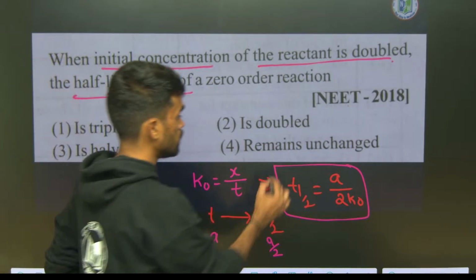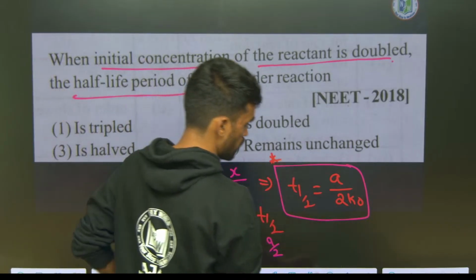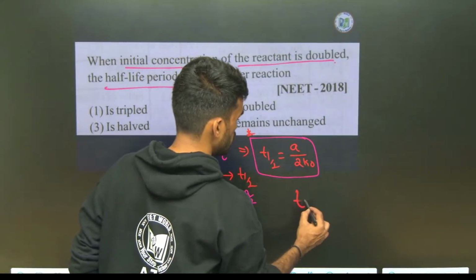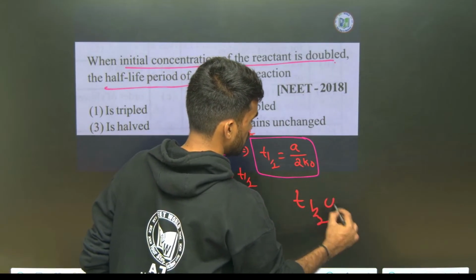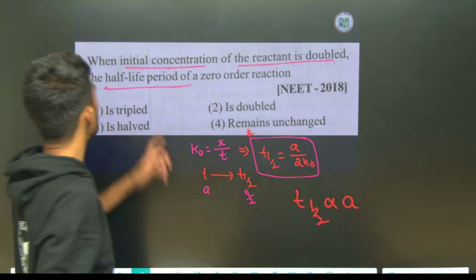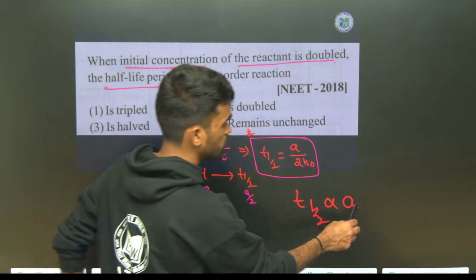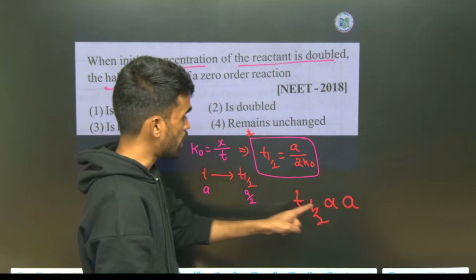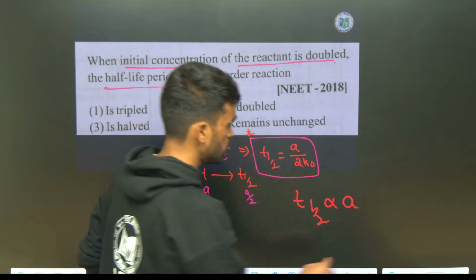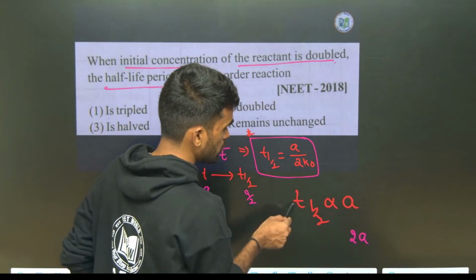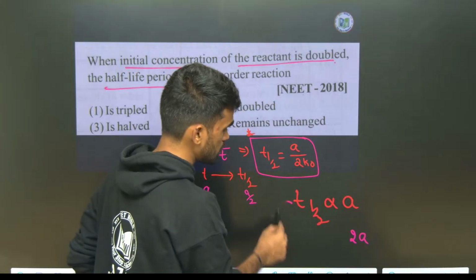Very, very important. From this, what we have got is that T half is directly proportional to A, the initial concentration of the reactant. Now, when the initial concentration of reactant is doubled, it becomes 2A, so T half also becomes double.